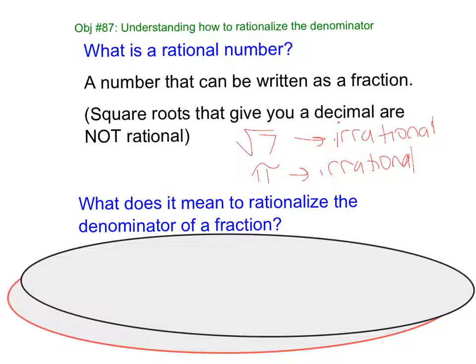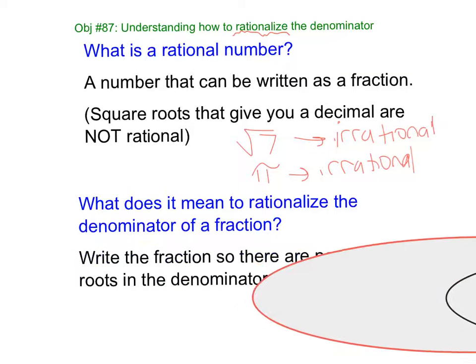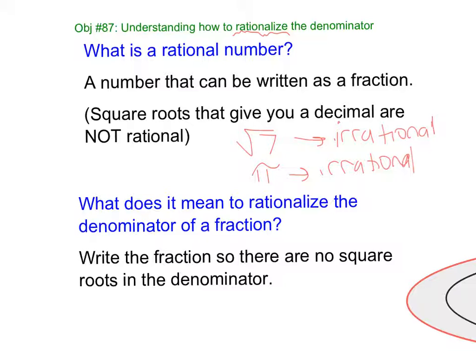So pretty much when it says rational versus irrational, rationalize the denominator, we're getting rid of our square roots. So that's actually what we're doing here. To rationalize the denominator of a fraction, we write the fraction so there are no square roots in the denominator.